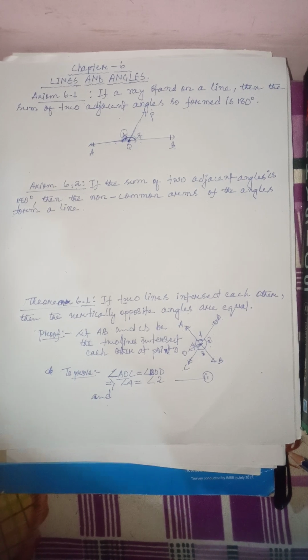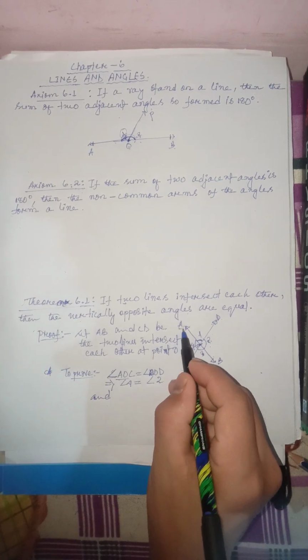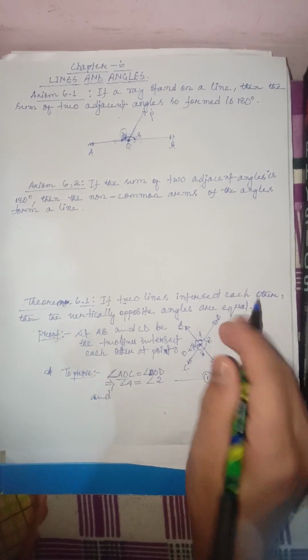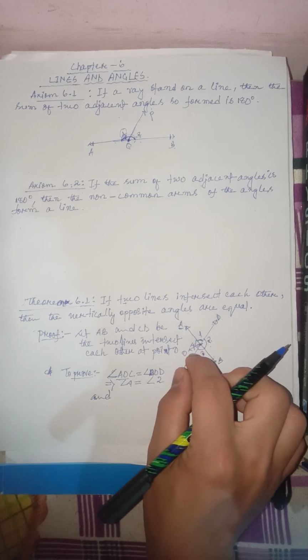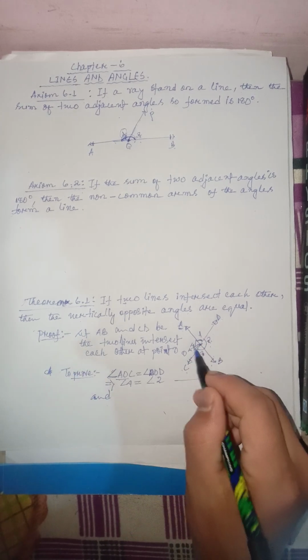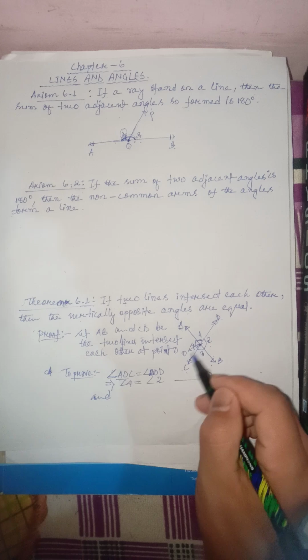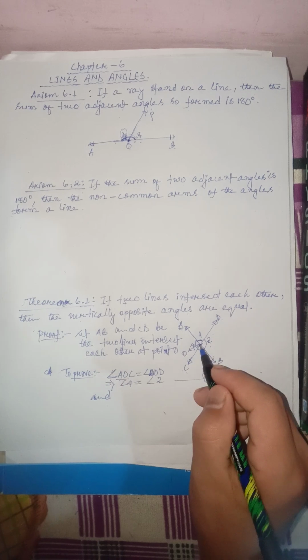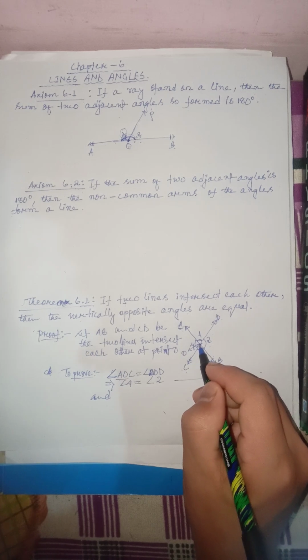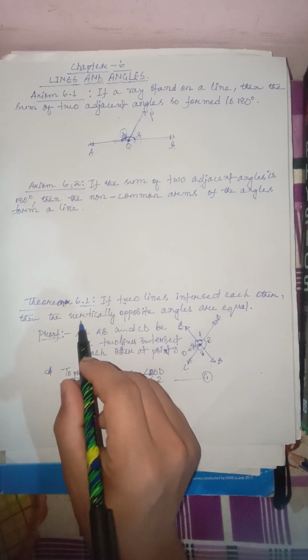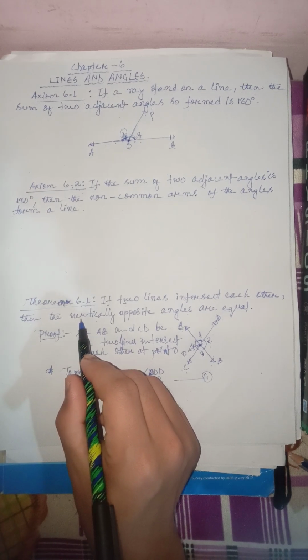Now here, for our convenience, let me take this one as A and B, and here it is C and D. These are the two lines, and they intersect each other at this point, which will be named O.